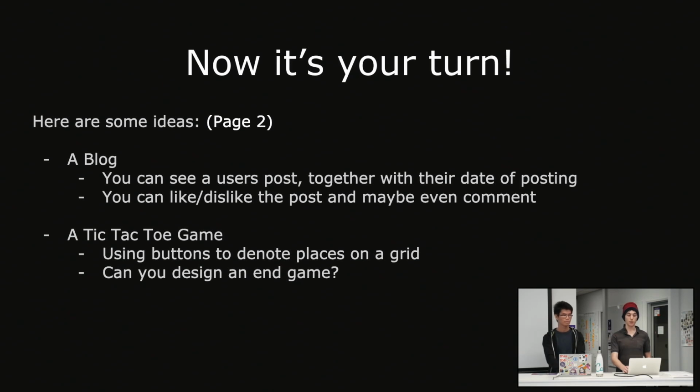You could create a blog, seeing users' posts, date of posting, like, dislike, kind of similar to Twitter, but if you want something a little bit different, you could go down that path. We have a tic-tac-toe game, a little more on the game side. Or you could keep on building our little Twitter application and make it a little bit better.